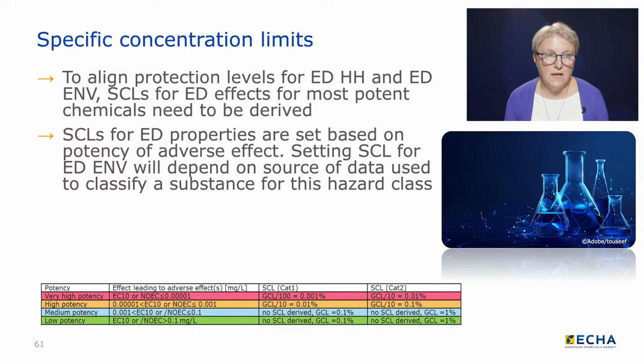And similarly, like for human health, the specific concentration limits are set based on the potency of the adverse effects. The way of setting the SCL for ED for environment depends on the source of data used for classification. And in the ED guidance, we have explained how to derive SCLs for environment. And here the outline of this is presented in the colorful table on the slide.